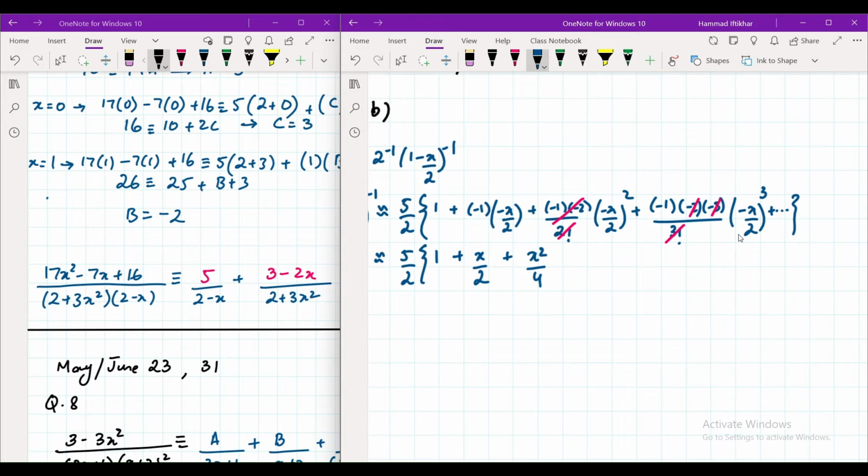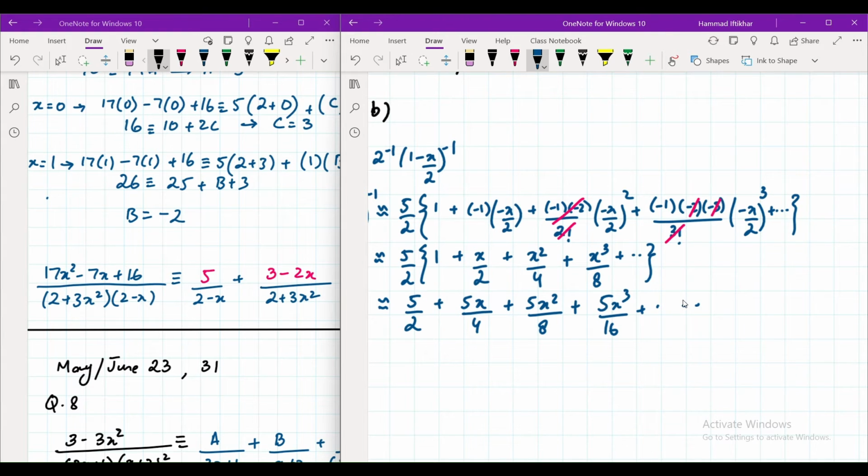However, the cubed negative x over 2 will also have a negative sign, so minus minus will become plus again. So we will have x cubed over 8. And then when we multiply the 5 over 2 inside, we will have 5 over 2 plus 5x over 4 plus 5x squared over 8 plus 5x cubed over 16, and that's it.